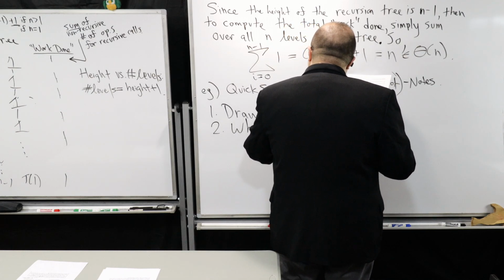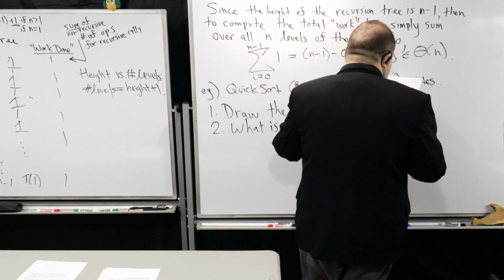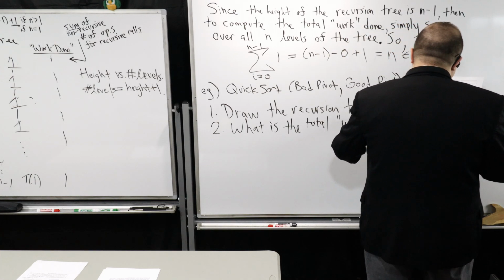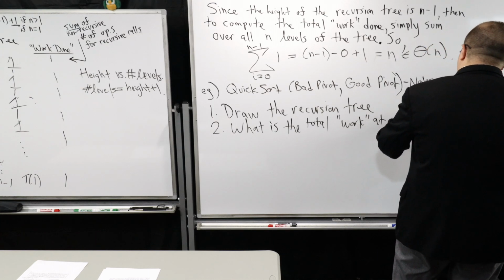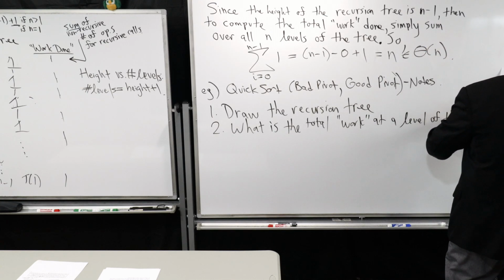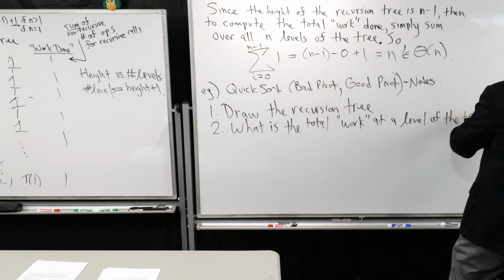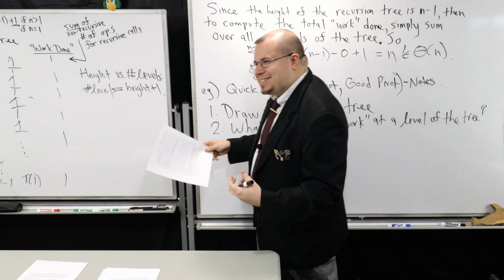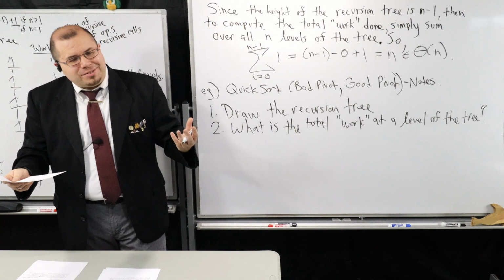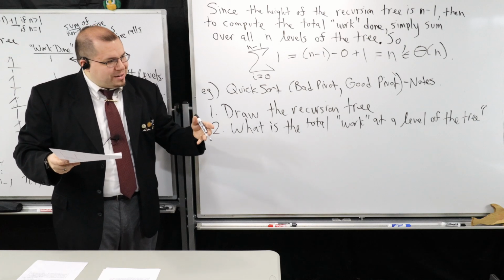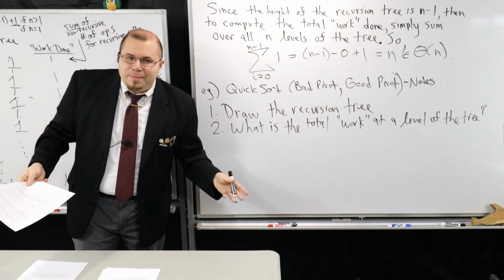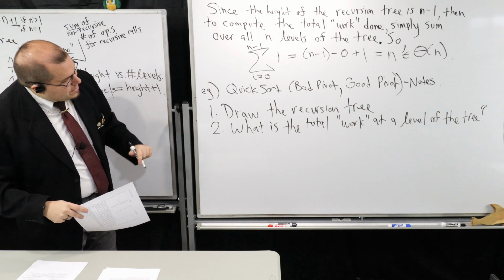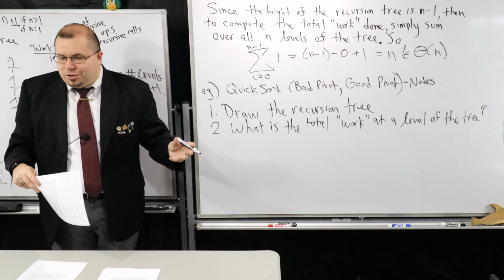What is the total work at a level of the tree? This may in fact be a bound on it, for example, if one of your recursive calls is a little smaller than the other, if you're not necessarily guaranteed that it's going to cleave an integer in half properly. Very often there's mathematical trickery you can use to get around that issue, but you may have it where you're bounding it at a given level as well.